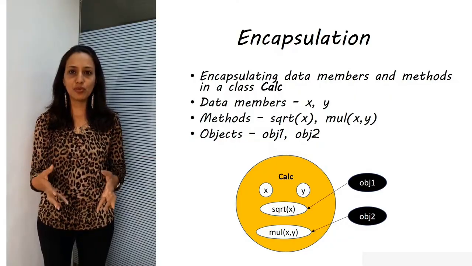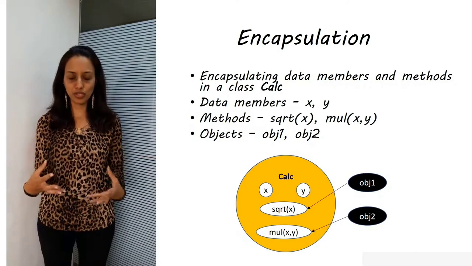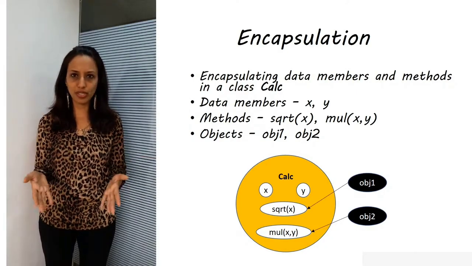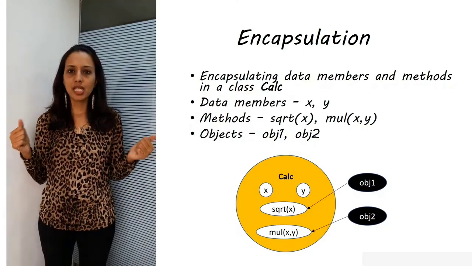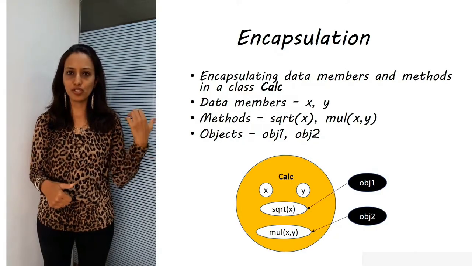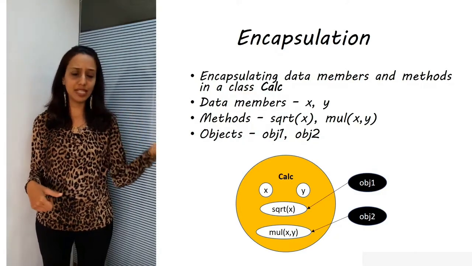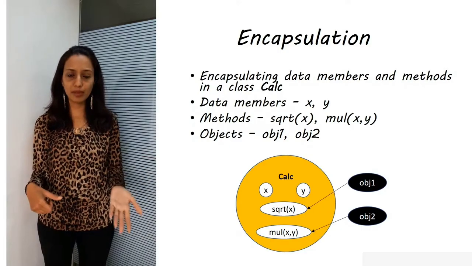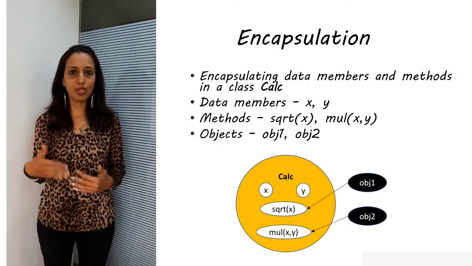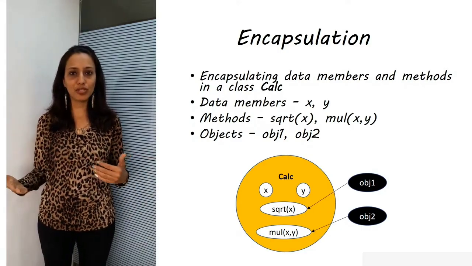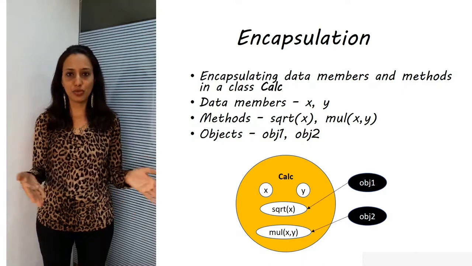Then we have 2 methods, or functions or procedures, whatever you want to call it, but we call them methods: sqrt, which calculates the square root of a particular number, and mul, which is short for multiplication, which multiplies the 2 numbers.